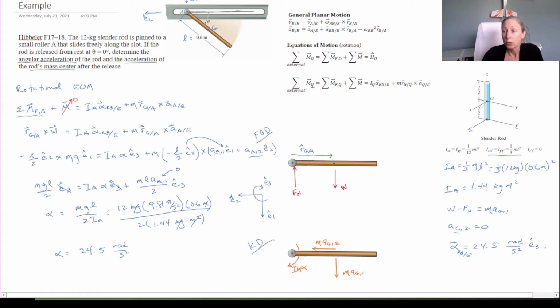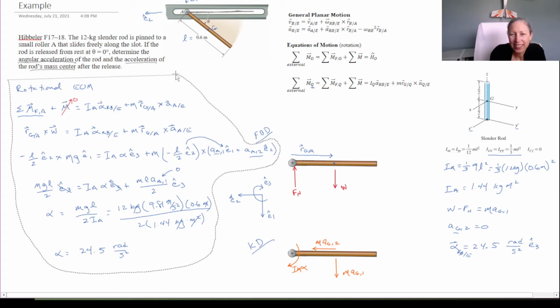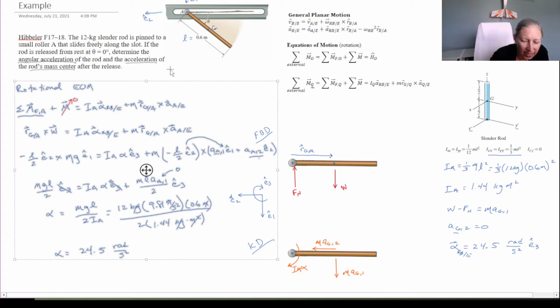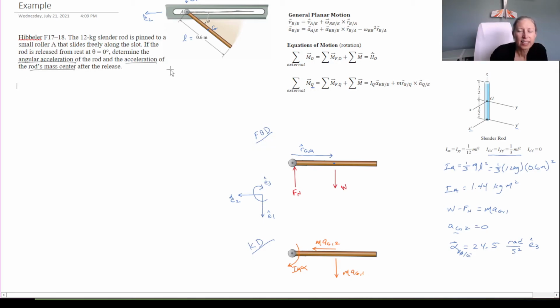All right, so that's good. That's half of what we needed, right? So now we just need to find the acceleration of the rod's mass center. So let me delete this to make some more room again. All right, so now we need something else to help us find acceleration, right?